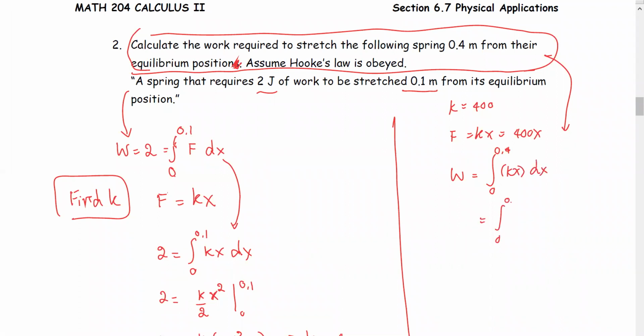That means we are going to find the antiderivative from 0 to 0.4 of 400 times x with respect to x, which is 200x squared, evaluated from 0 to 0.4, which gives us 32 joules as the answer.